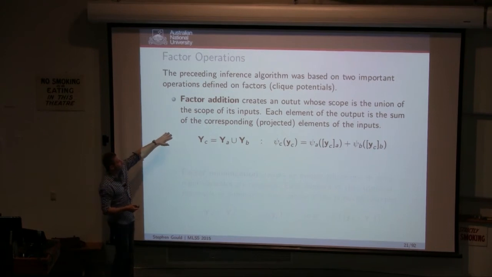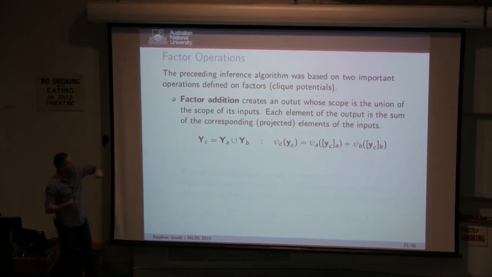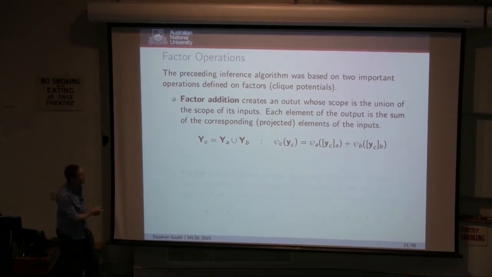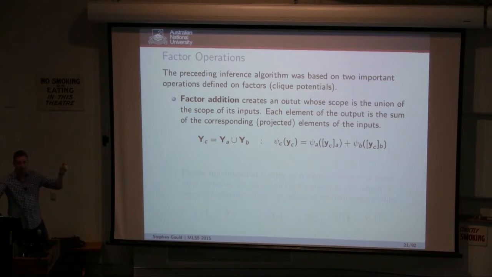This operation generates an output factor whose scope, so it's defined over a set of variables, is the union of the scope of its inputs. And each element of the output is just the sum of the corresponding variables projected onto the inputs.